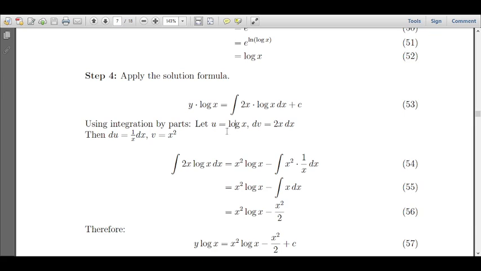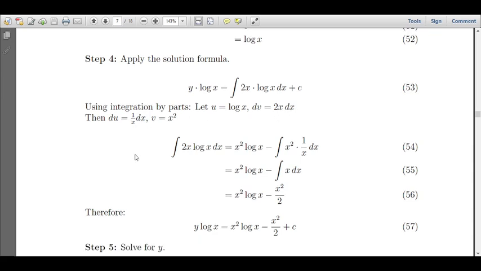First we take u equal to log x, the first function, and dv equal to 2x dx. Differentiating u with respect to x, du by dx equals 1 by x, so du equals 1 by x dx. So dv equals 2x dx, that means v equals x square.